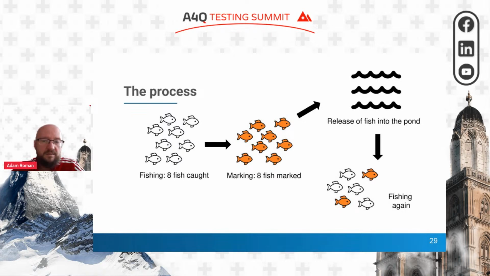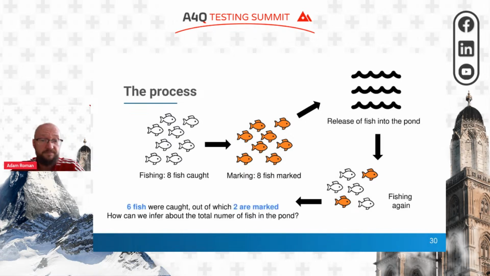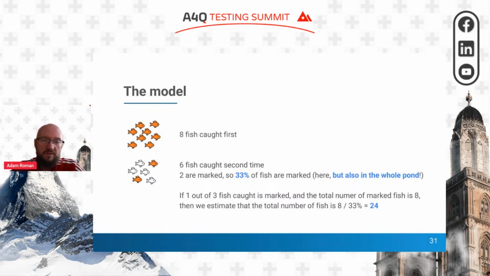So the question is, can we infer something about the total number of fish in this pond? Yes, we can do this, and the analysis is very simple. If first there were 8 fish caught and painted orange, let's say, and then the second time we caught 6 fish, 2 of which were marked, it means that 1/3 of the fish here is marked, and we assume that this proportion also holds for the whole pond.